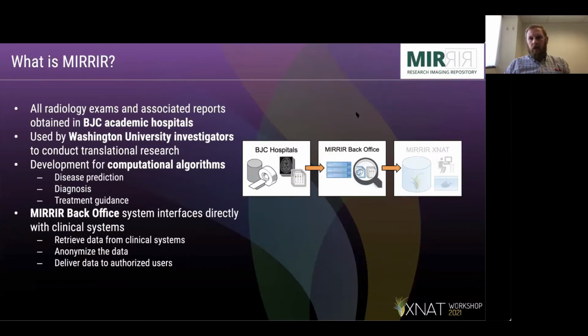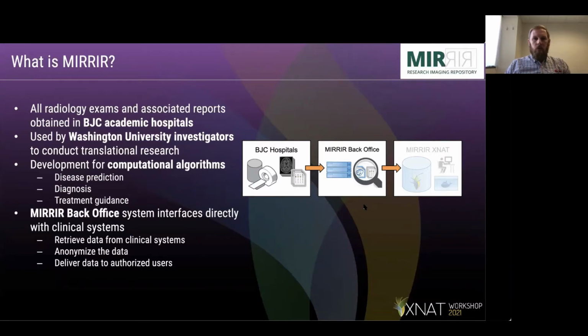So first, real quick, MIRRIR is a name for the project and the whole ecosystem, but it's also the name of our XNAT instance. So I'll try to be clear when I'm talking about which aspects.